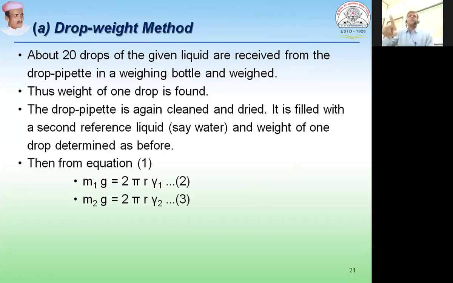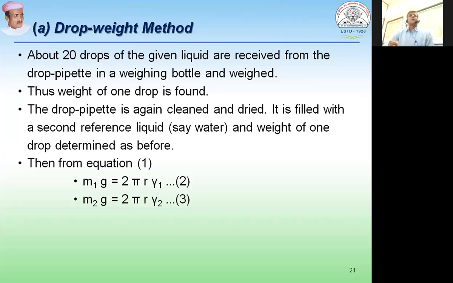Then and only then will the 2 pi r factor be nullified. If we change the stalagmometer, there can be variation in the radius of the capillary tube in that drop pipette, and that will lead to errors in the results.